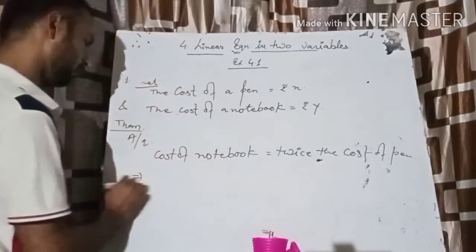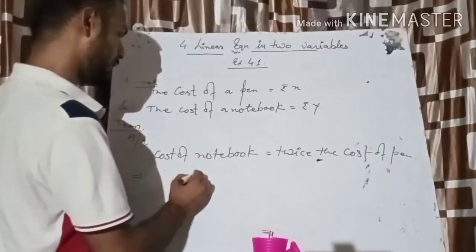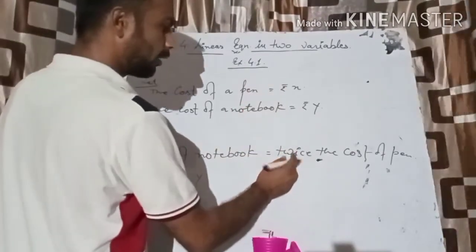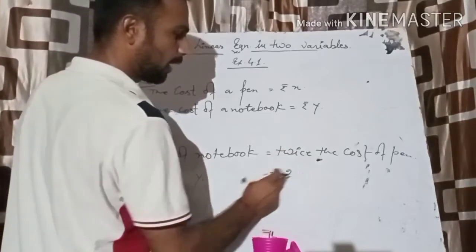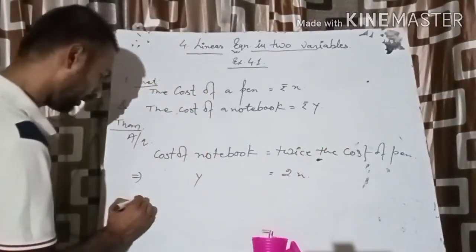This implies, what is the cost of a notebook here? Yes, y. And the cost of the pen? Twice means we will multiply by 2, and the cost of the pen is x.